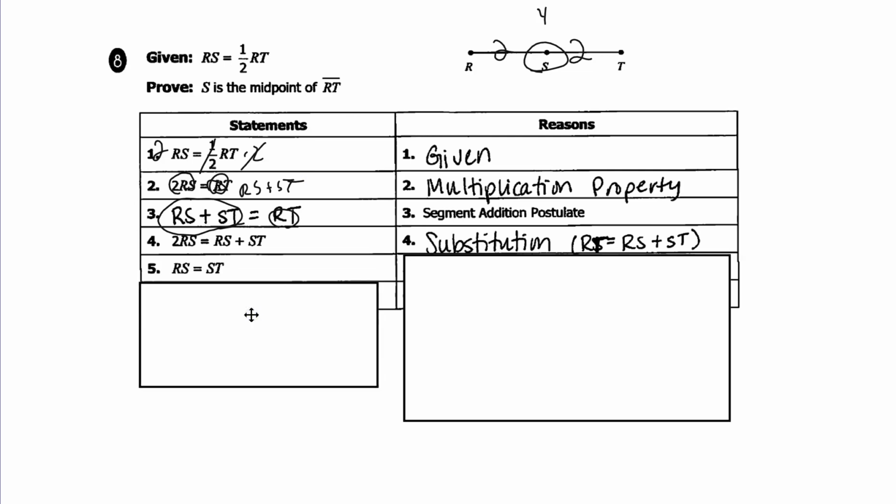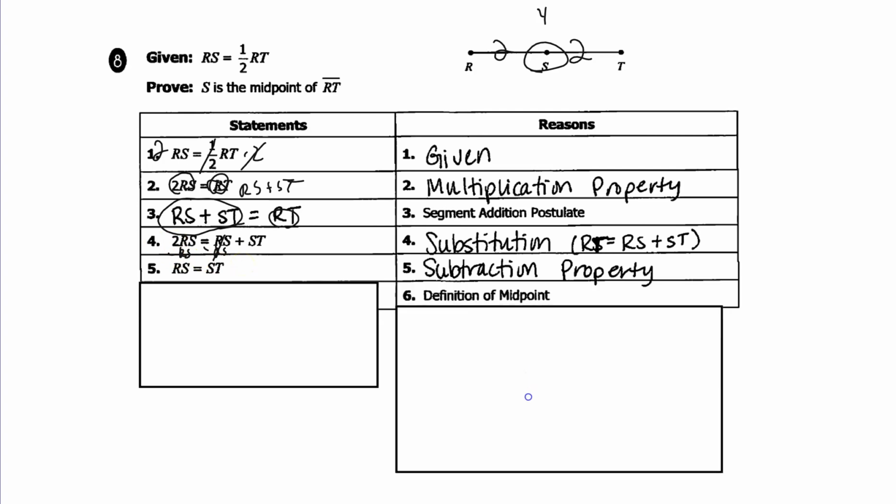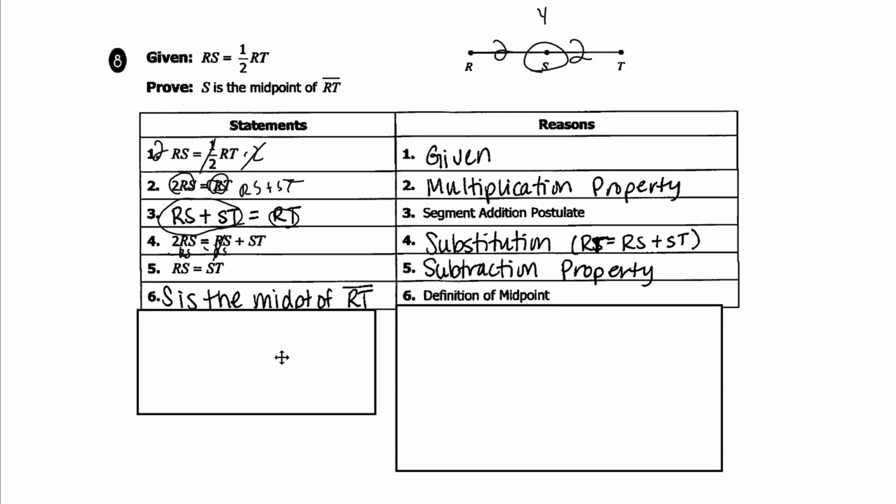Next, RS equals ST. So here is your RS equals ST, because we're just using the subtraction property. All we're doing is taking this RS and minusing it, and when we minus 1 RS, from 2 RS's, we get 1 RS. And then you're given definition of a midpoint. So that is what it's asking for, S is the midpoint of RT.